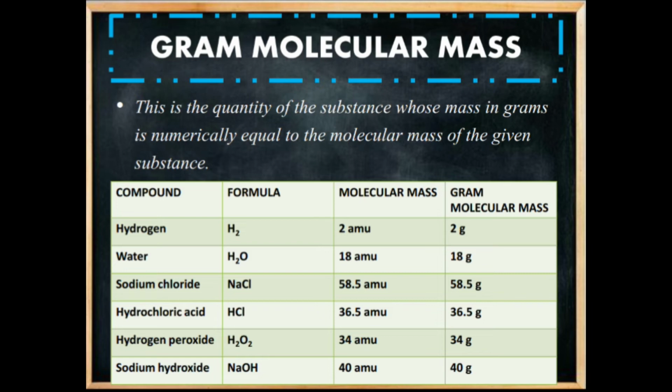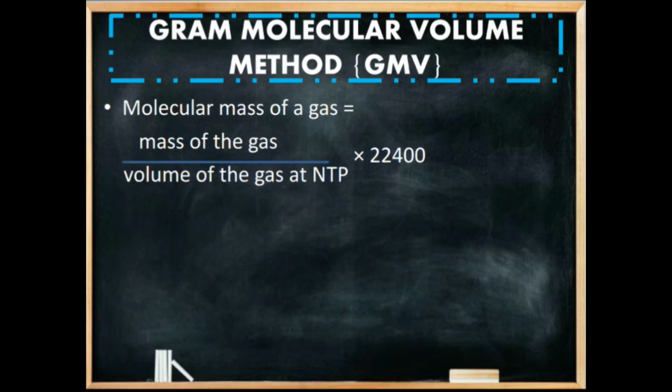There are several methods for determining molecular mass of an atom. So, here is the gram molecular volume method, GMV method. So, what is the GMV method?